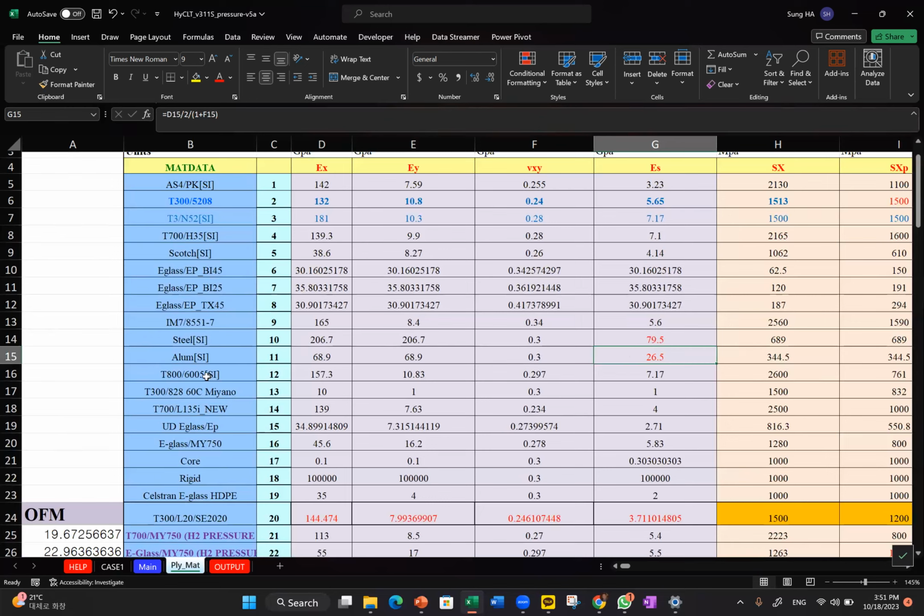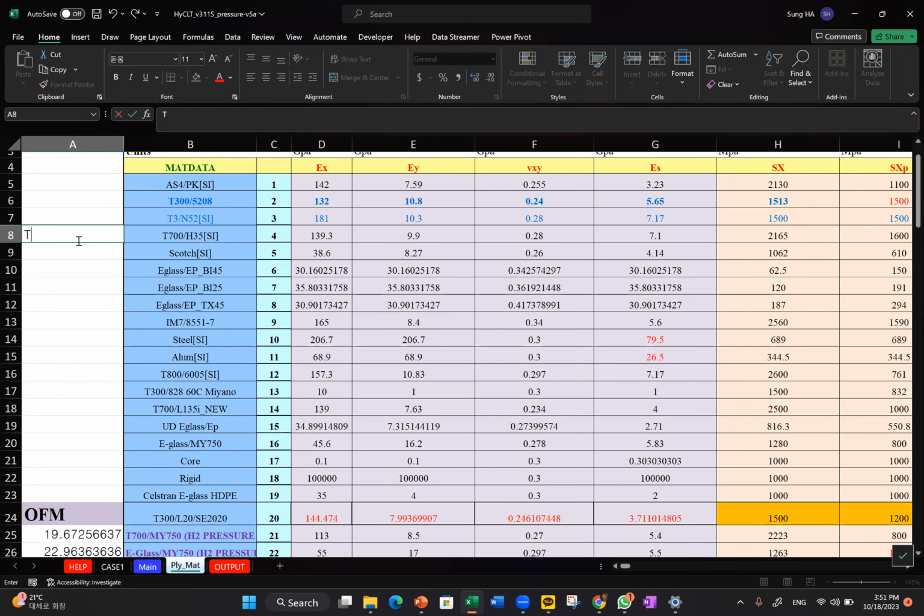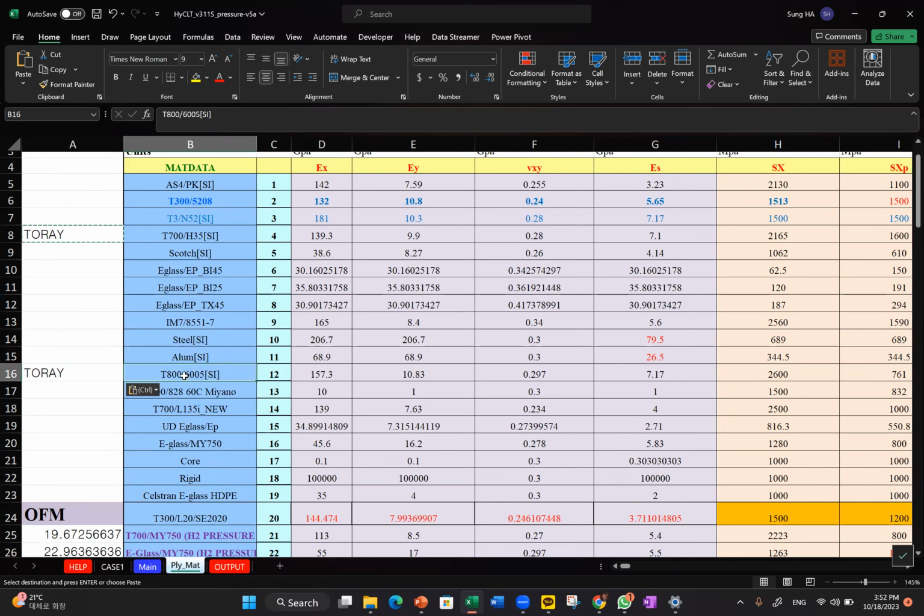Anyhow, T800 is another Toray. Toray T700 is very typical. This is the Toray carbon fiber. And T800 is also a carbon fiber. As you can see, 139 versus 157, which is a much higher stiffness.